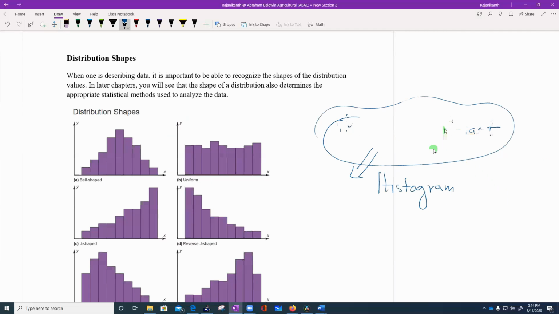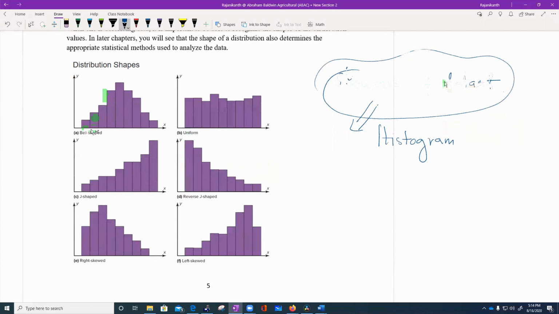Suppose you have a histogram like this, for example the first one. It's very symmetric, a very regular shape. If you could draw a curve over all the blocks, I get a very nice, regular, uniform curve. This curve is symmetric about the midline.